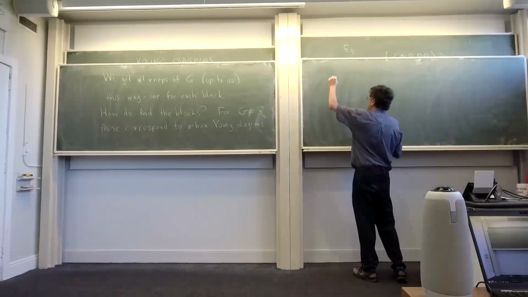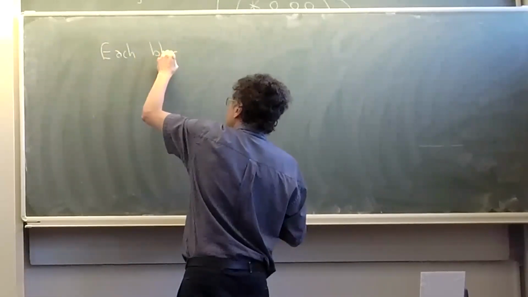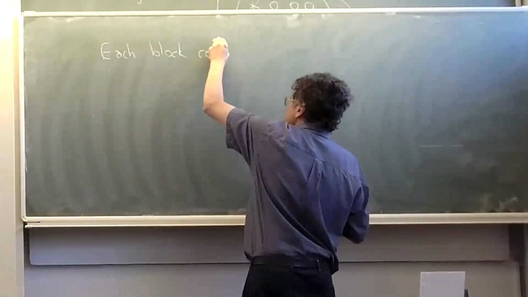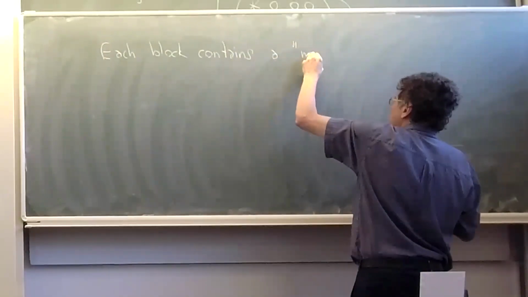So let's pretend we already had these blocks, and notice that each block contains something which is called a minimal idempotent.